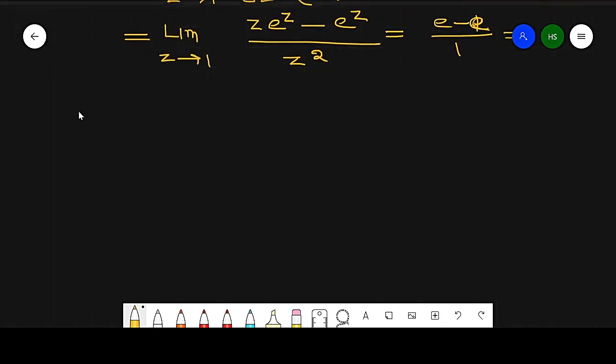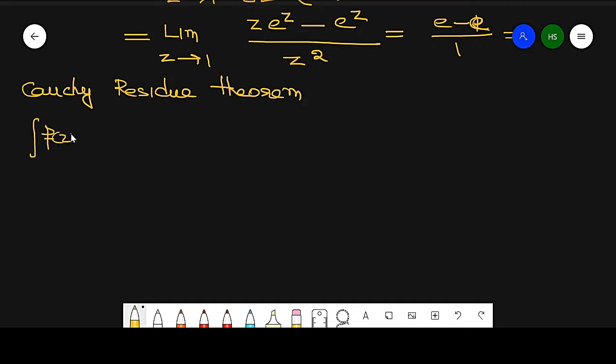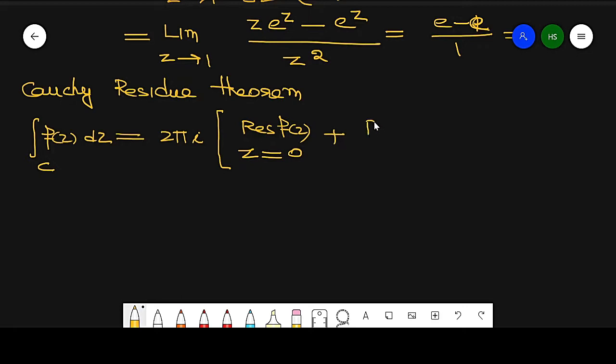Now by the Cauchy residue theorem, the integration of f(z) dz around C is equal to 2 pi iota times (the residue of f(z) at z equal to 0 plus the residue of f(z) at z equal to 1).